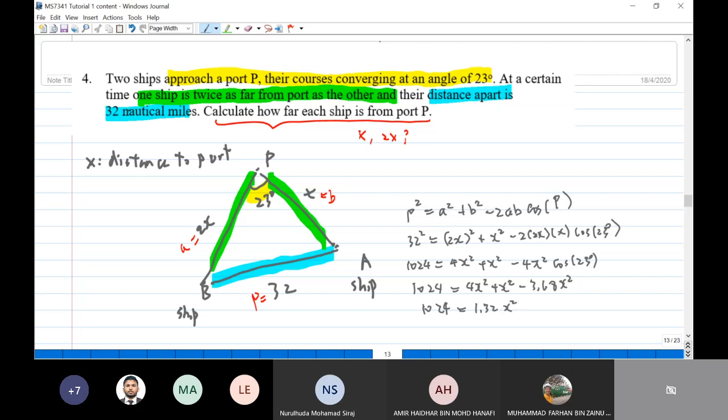So you can find that x squared is equal to 1024 divided by 1.32. So 1024 divided by 1.32, you'll get 775.7.